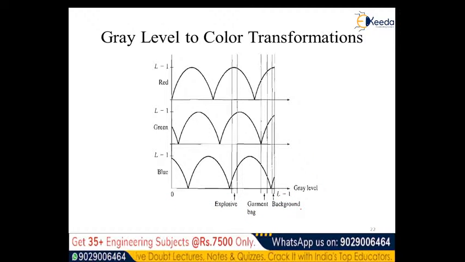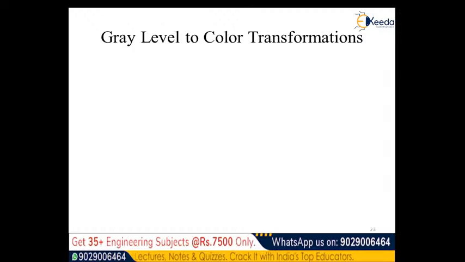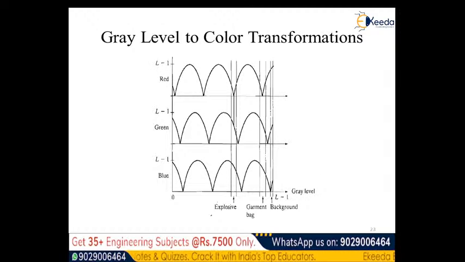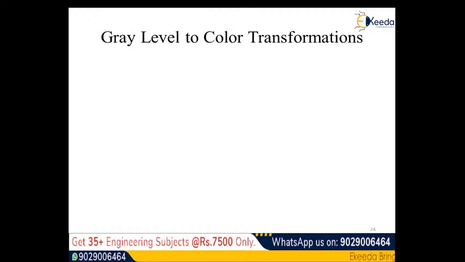So this is the first transformation function, and here is another transformation function. You just have a change of the range where the explosives and the garments are to be detected in these two transformation functions. These two transformation functions are basically sinusoidal, and they contain regions of relatively constant value around the peaks as well as regions that change rapidly near the valleys.